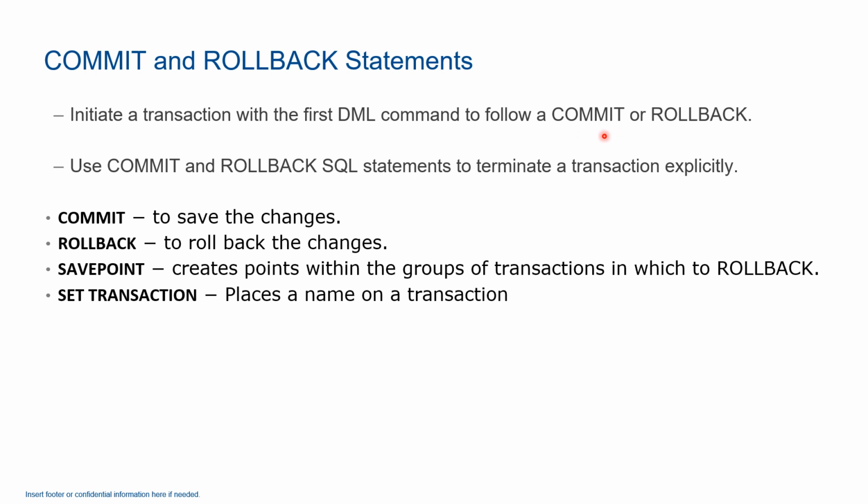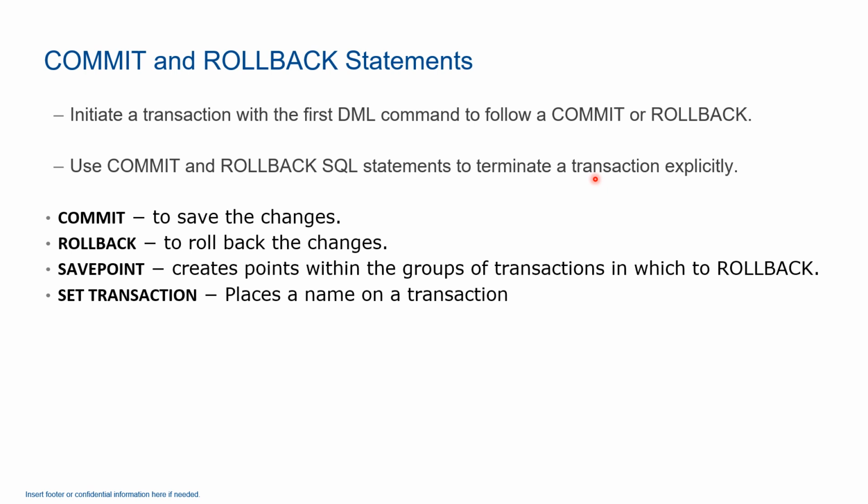We write commit so that if I am inserting any record, it will be permanent, and if any other user checks that database, they will also be able to see the row I have inserted. Commit means you are committing that particular query. If you are inserting, then commit.